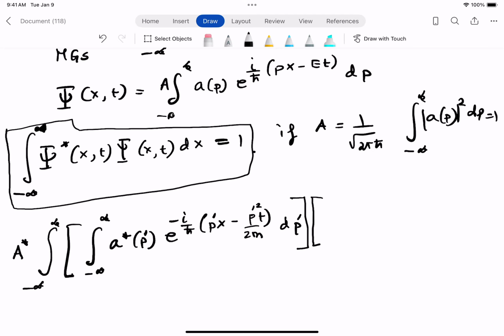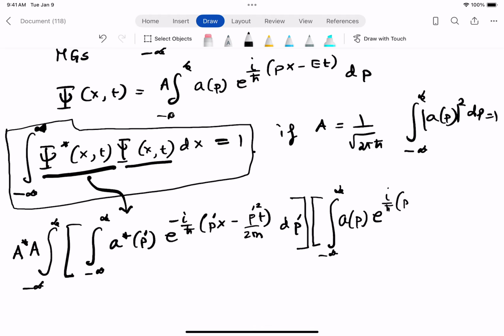Now I'm going to take the psi. So this was the psi star, and now I'm going to take the psi. It's going to give me a factor of A, which I'm going to take all the way outside here, and then the integral from minus infinity to plus infinity over dp of a of p e to the power of i over h bar, px minus Et, dp.